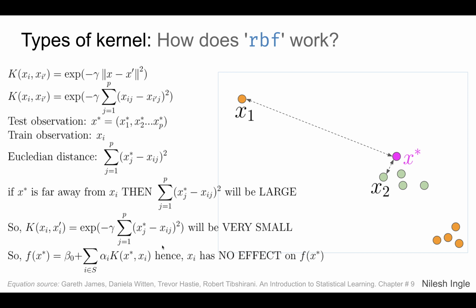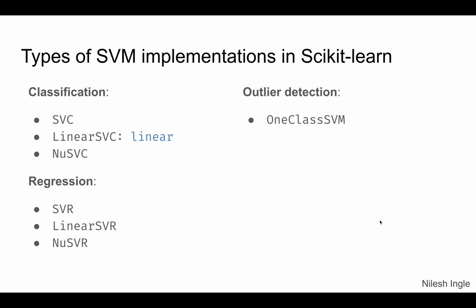Would it be positive or negative, to assign that data point to either a positive or a negative class. So that's the general intuition of how the RBF kernel would work. And I've put a reference below if you want to read further on this topic. Now in scikit-learn, there are different implementations for SVM.